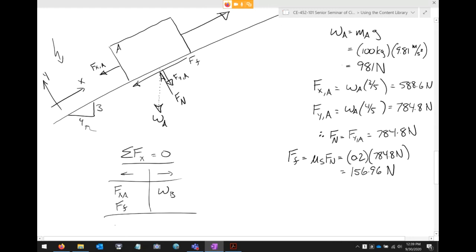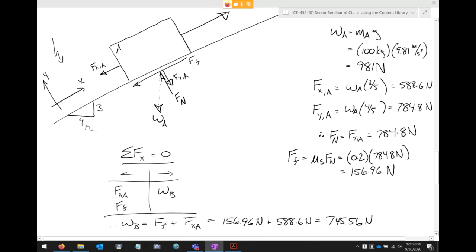So it's an F. Fxa. So that is 156.96 newtons plus 588.6 newtons, which is 745.56 newtons.